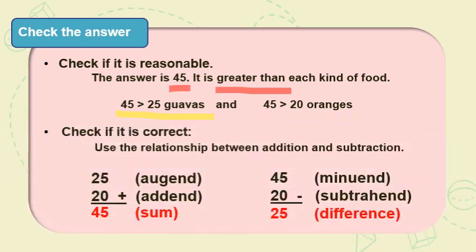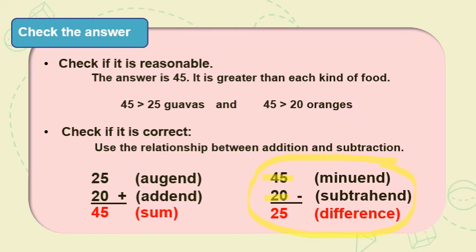Next step, check if it is correct. We are going to use the relationship between addition and subtraction. This is how you check it. First, let's do the addition. 25 plus 20 is equal to 45. 45 is the sum or the answer. Now how do we check it? First, put the sum on top as the minuend, and take away the addend, which is 20 oranges. 20 will become your subtrahend.